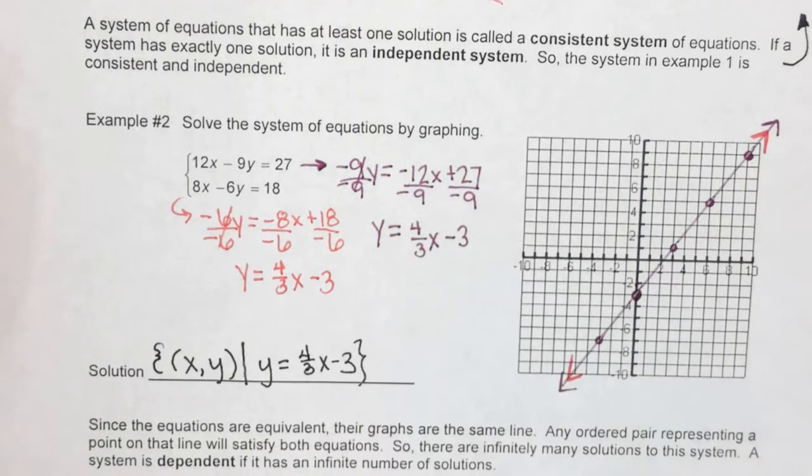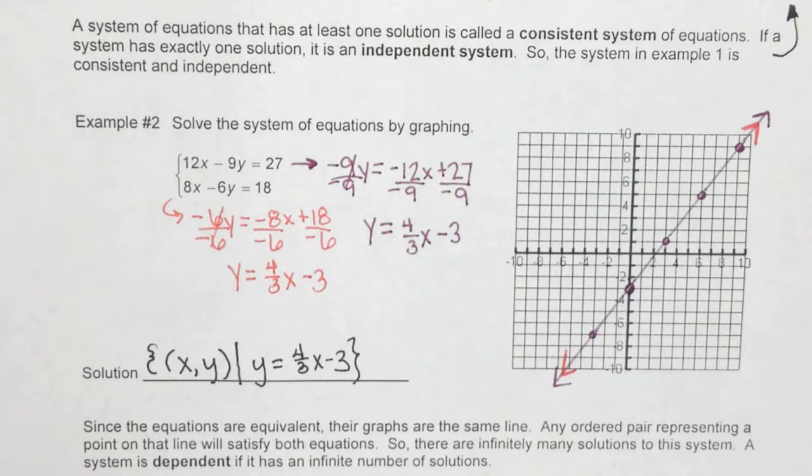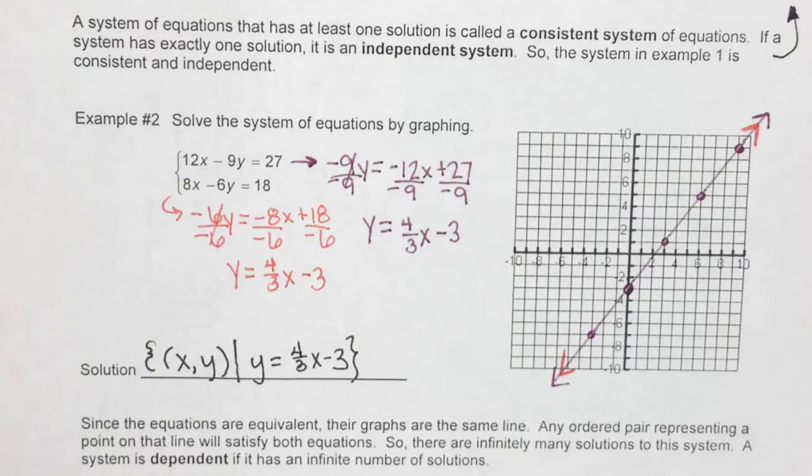And that is telling me the solutions, all of the ordered pairs on that line. Okay? You see the difference between that and infinite?